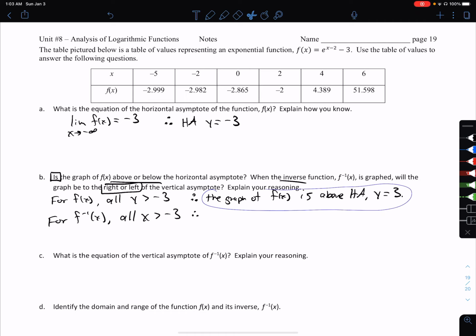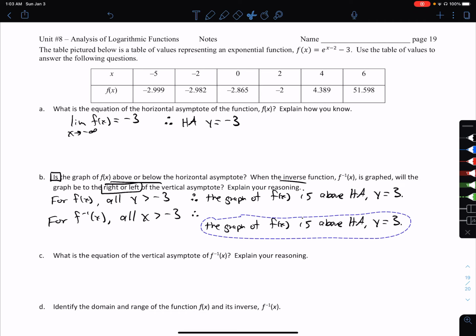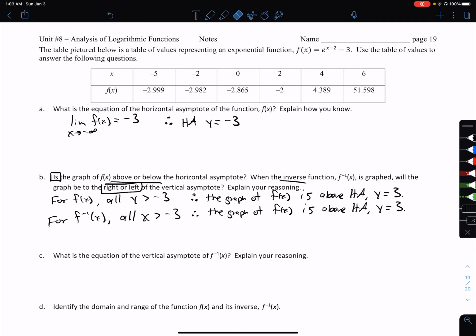Let me copy this and change some things. So the graph of f inverse is going to be to the right of the vertical asymptote of x equals -3.